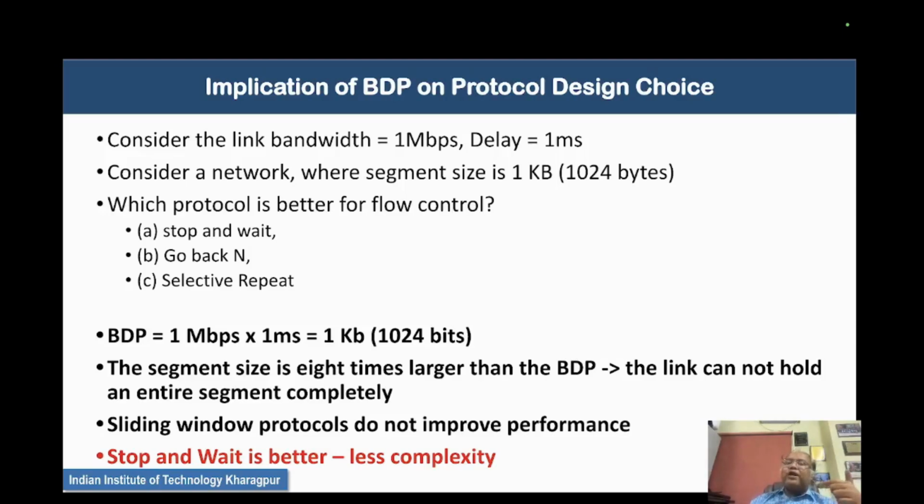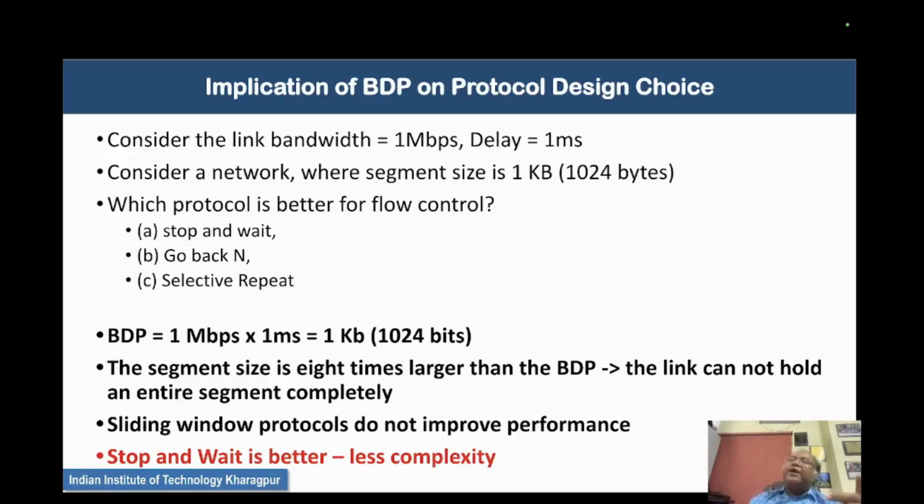Indeed, you will see that in older Wi-Fi technology, when the speed was not that high, today's Wi-Fi being approximately 1 Gbps, I am not talking about the Gbps Wi-Fi, but the Wi-Fi when the speed was a few hundred Mbps at maximum, we used to have the stop and wait protocol at the flow control layer.